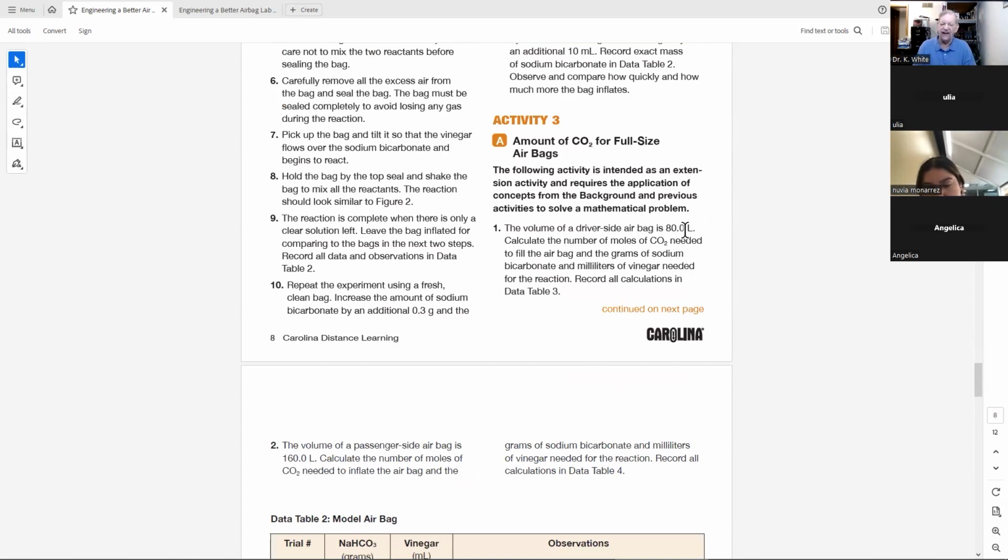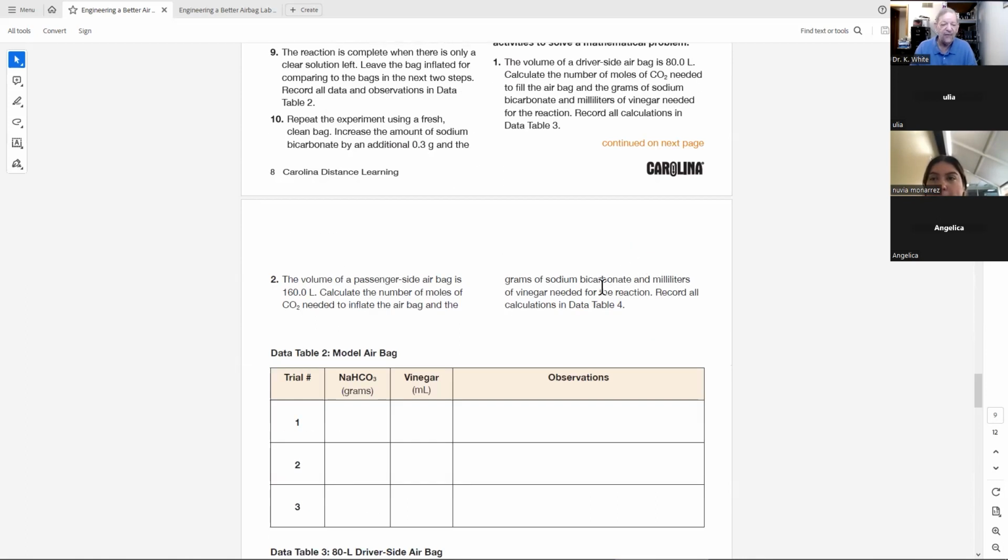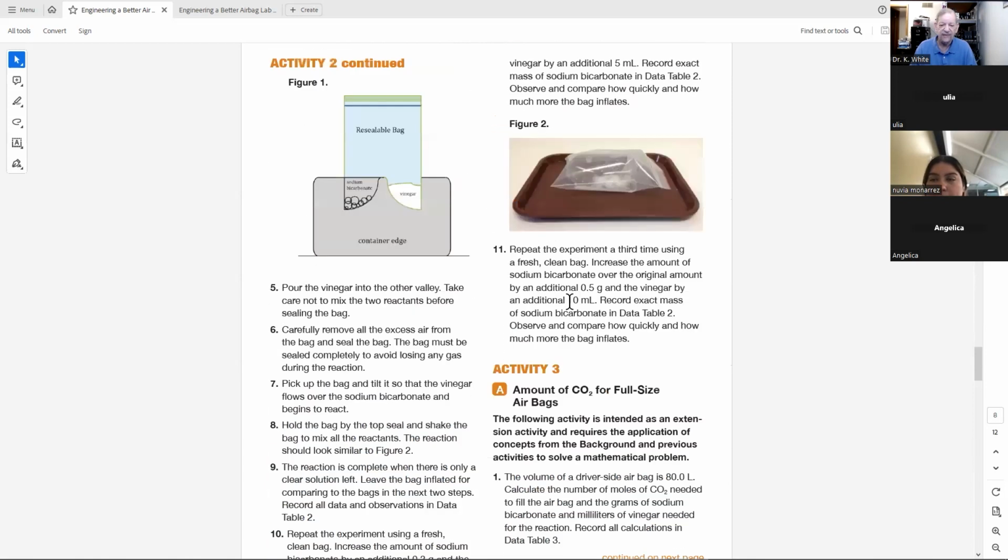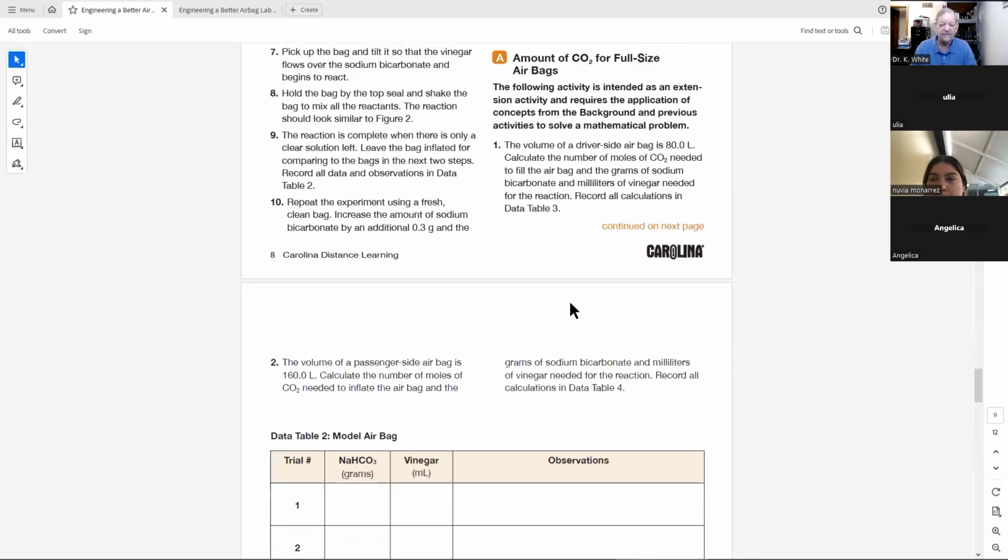You'll go back to N equals PV over RT and calculate that for the temperature, pressure, now the volume of 80, how much CO2 is needed, and then you can calculate how many grams of sodium bicarbonate and milliliters of vinegar. Then you'll do that calculation a second time, except use a volume of 160 liters.